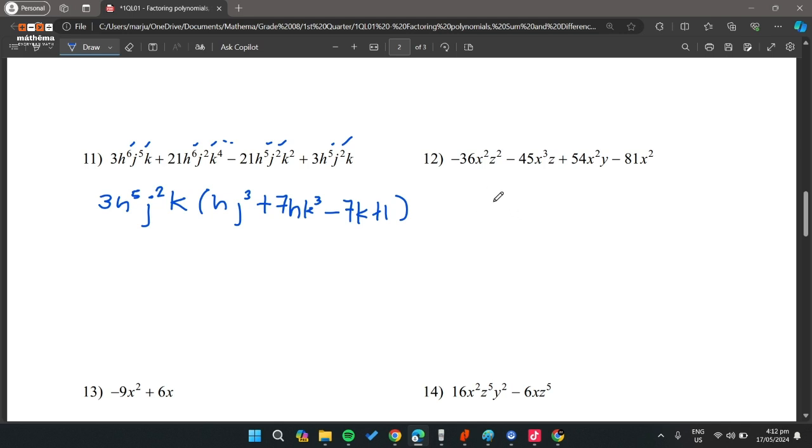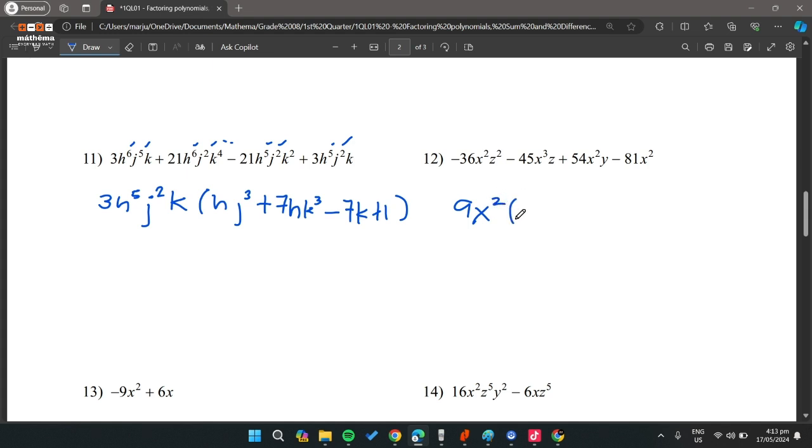The common factor should be 9. Alright, 9. And then look at the variables. We have x, z, x, z, x, y, and then x. So we have x only. And then what is the lowest degree of x? We have 2, 3, 2, 2. So we will write squared.